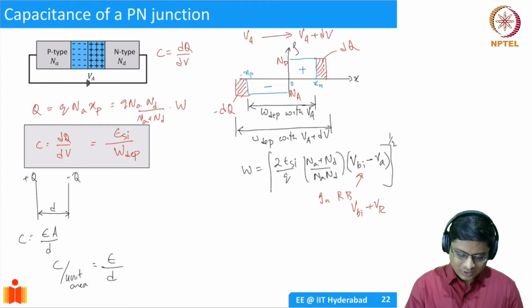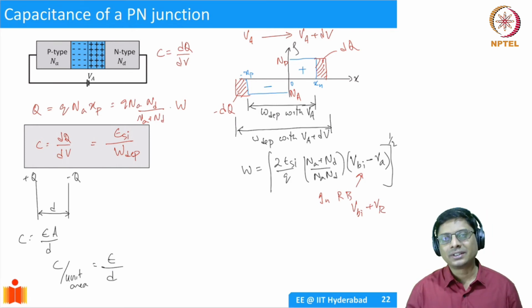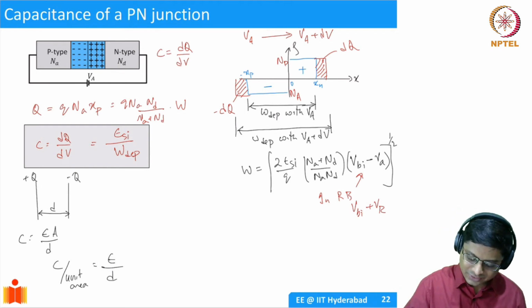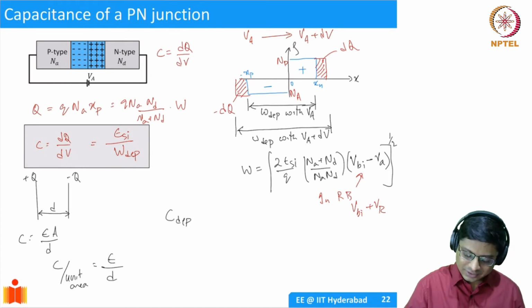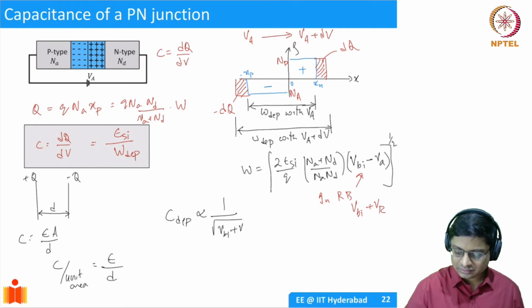So the answer is intriguing. It's all the more interesting because a parallel plate capacitor does not exhibit any voltage dependence. It is simply dependent on the material parameters and the distance between the plates. Whereas for a PN junction's capacitance, C depletion, this is going to be proportional to 1 over width, which has a square root of voltage term, VBI plus VR.